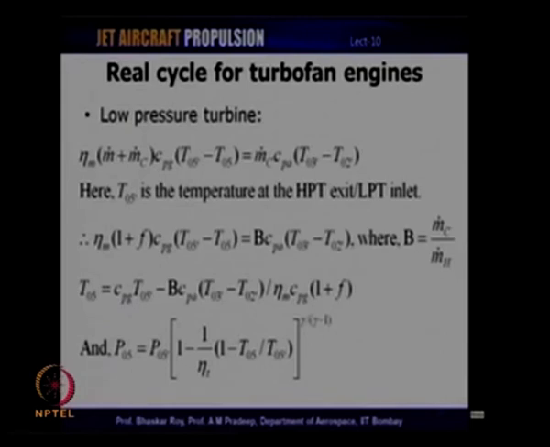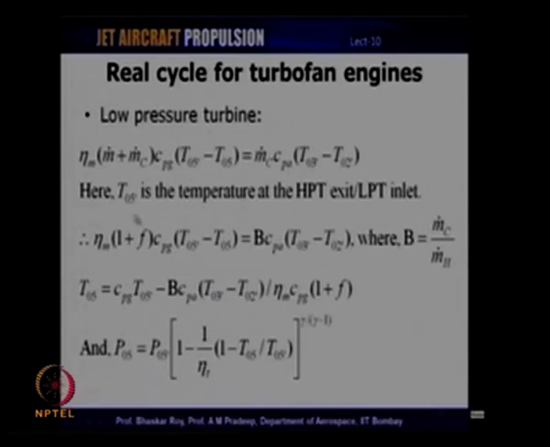At the LP turbine, the LP turbine work output will be equal to the fan work input. So, here again we equate the work required by the fan to that of the LP turbine output. Mechanical efficiency times mass flow rate into Cp into T05 prime minus T05 is equal to mass flow rate through the fan, m dot C, because that is the cold mass flow passing through the bypass duct, into Cp into the temperature difference.